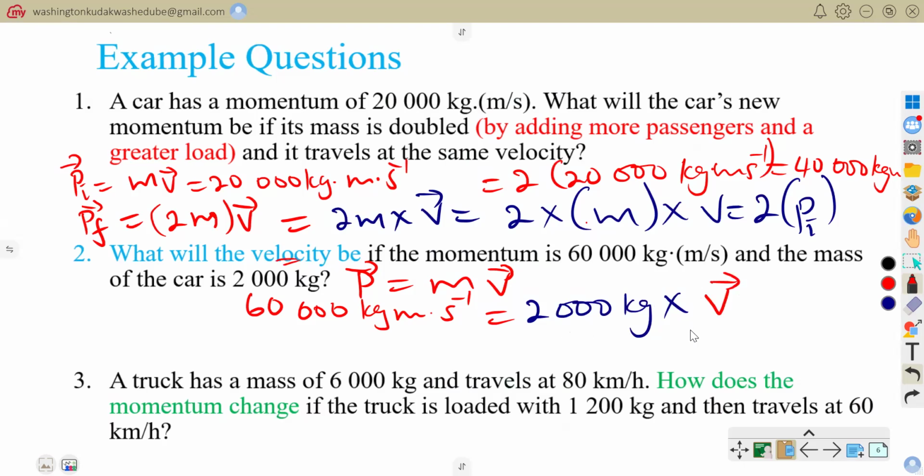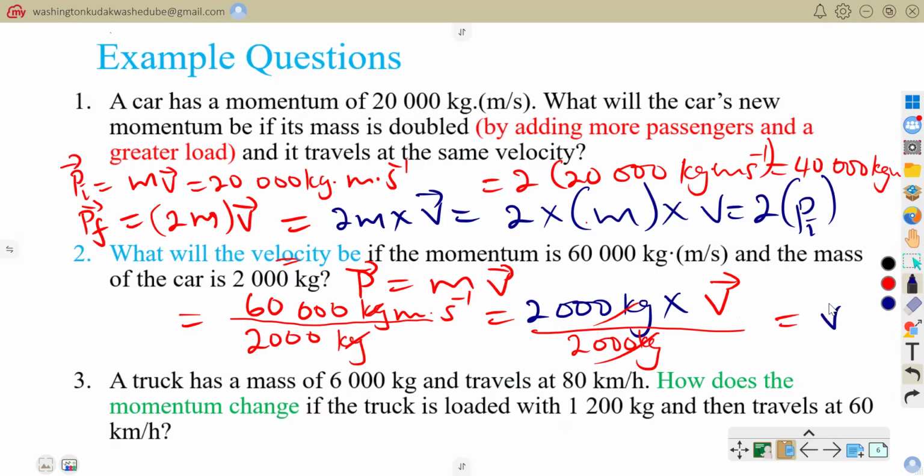So now we can simply divide throughout by 2,000 kgs. We cancel out this side. We divide by 2,000 kgs. We will cancel out the kgs. We'll be left with meters per second. So you would see that the velocity itself, because here we are looking for the velocity, would be equal to 2,000 into 60,000, which is 30 meters per second.